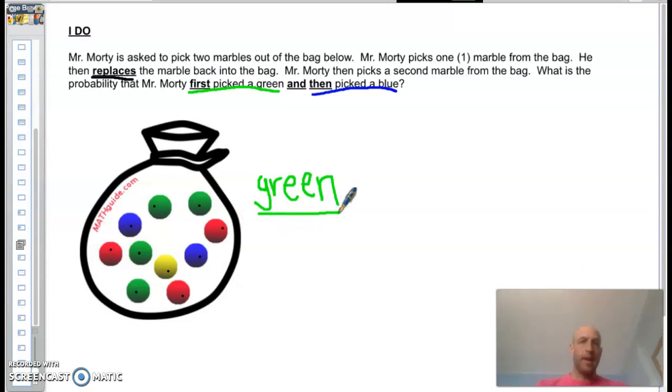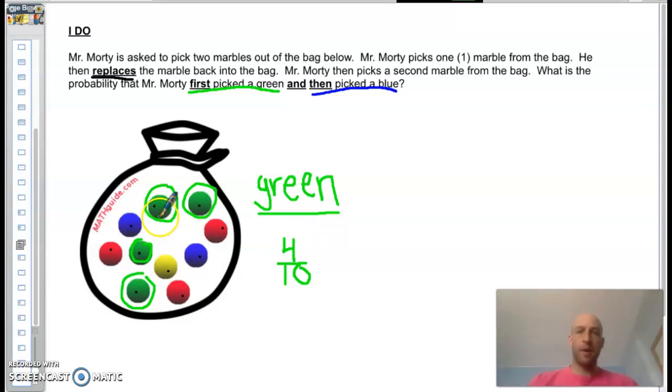Okay. And so we just said, we had 10 total marbles to choose from, and there are 1, 2, 3, 4 green marbles. So the probability of first picking a green is 4 out of 10.